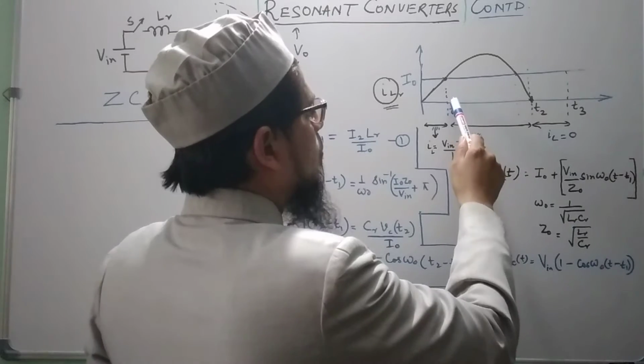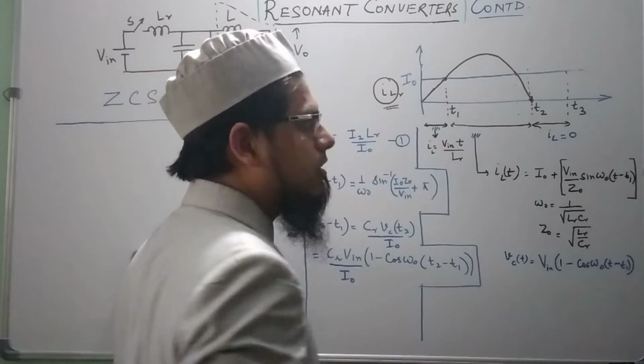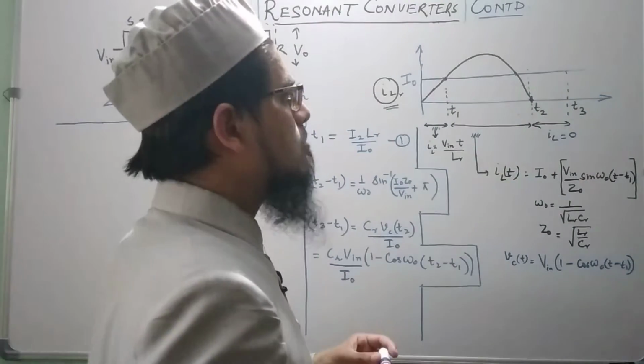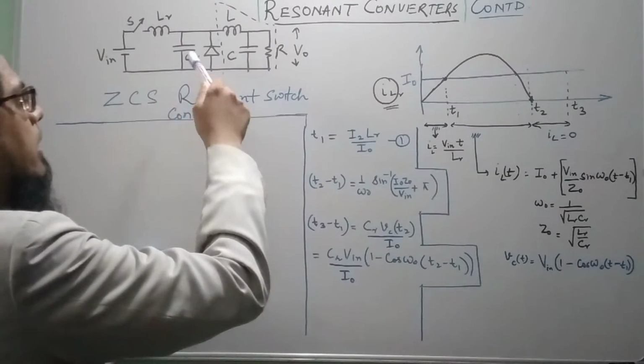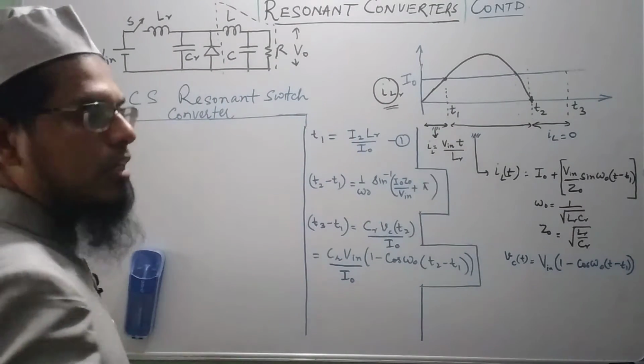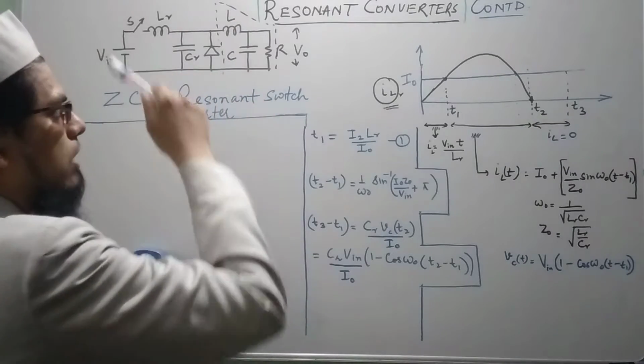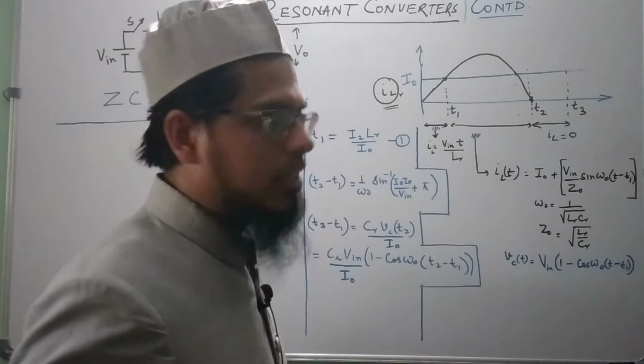Then the second mode starts from T1 and it ends at T2. In this mode, the diode which was conducting earlier ceases to conduct and now the capacitor starts charging.